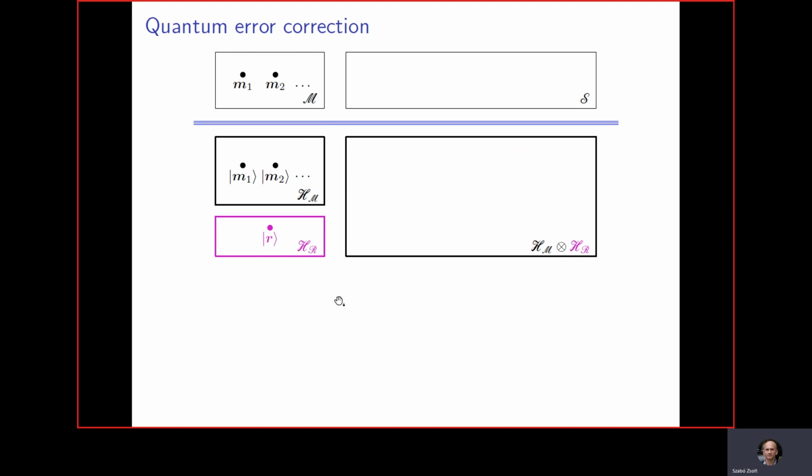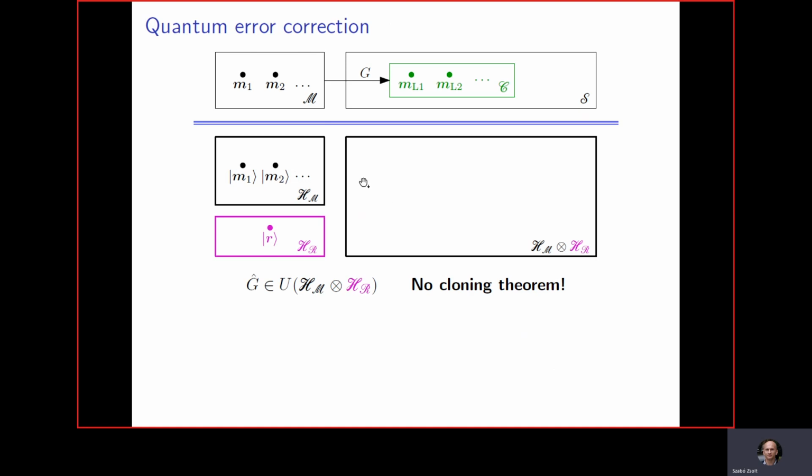In order to construct an error correcting code, we need redundancy. The redundancy now is represented by this vector R, which lives in the Hilbert space of the redundancies HR. The quantum analog of the signal space S is the tensor product of HM and HR. Now recall that in the classical case, the generator map G was defined on the message space M, and it mapped messages to logical messages.